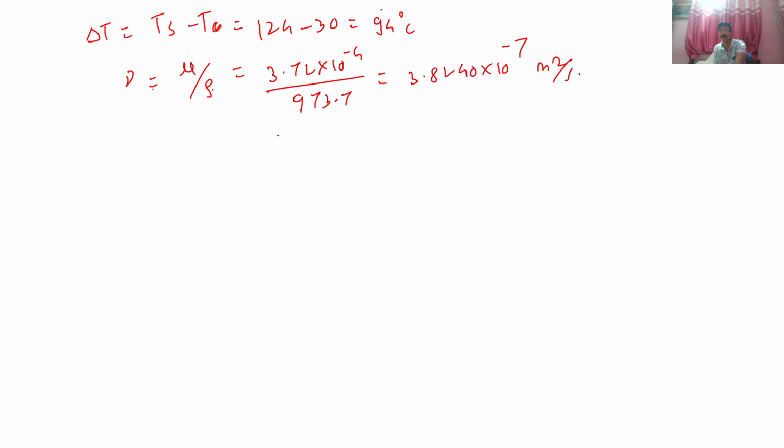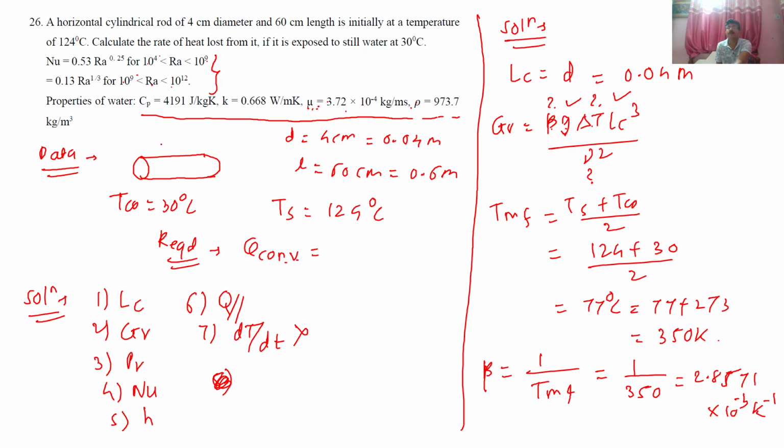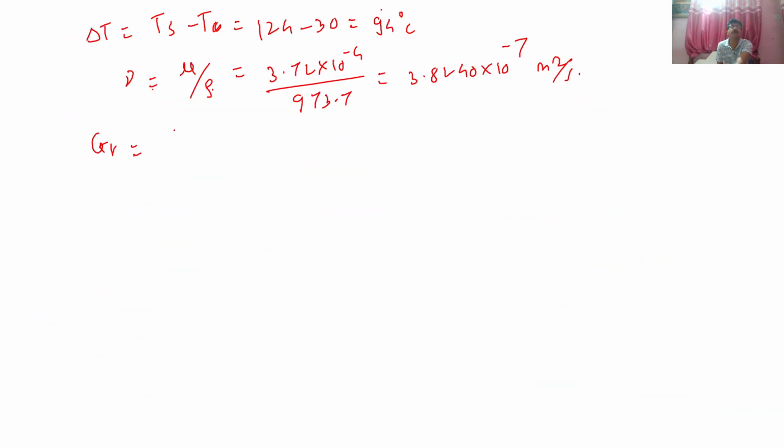Now I know everything. I can easily go to the Grashof number. I got beta as 2.8571 into 10 raised to minus 3. I know g is 9.81. I know delta T is 94. I know Lc. What is Lc? 0.04 cube.